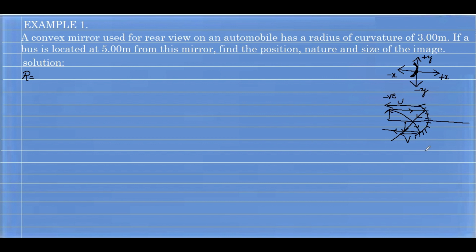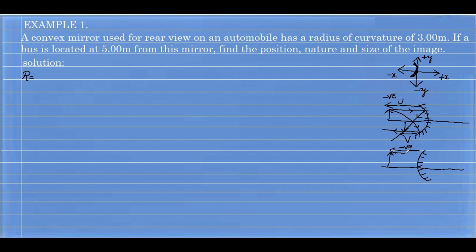Next, in the case of a convex mirror, this side will be polished and this side is the unpolished surface. This is the convex mirror and the line which passes through the center is the principal axis. Here the object will be placed on the left hand side, so the object distance is always negative, because the left hand side is negative.